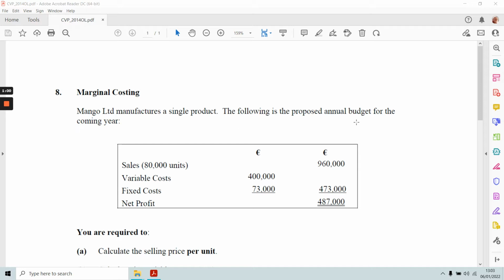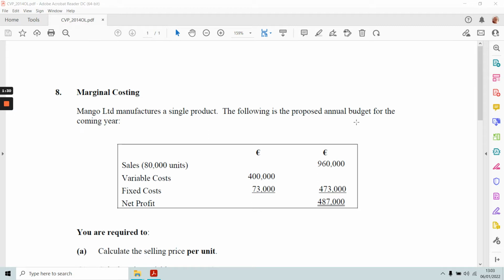other thing. So applying that to Mango Limited, we can see that they're looking at what they think might happen in the next year. It's their budget for the coming year, where they think they'll bring in €960,000 from 80,000 units sold. And then they'll have costs of 473,000, giving them a net profit of 487,000.